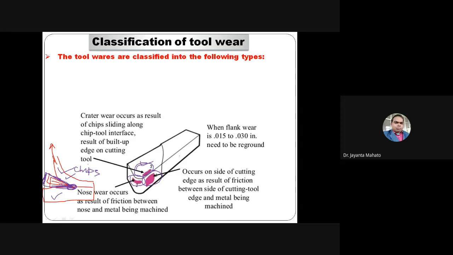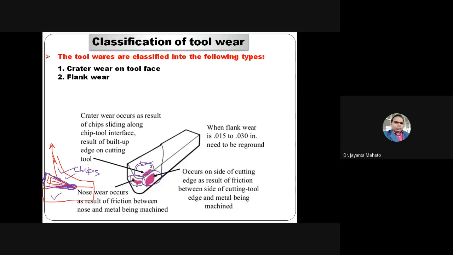Another is the nose wear, and the third one is the wear at the cutting edge. So tool wear is of mainly three types: crater wear on the tool face, and flank wear.